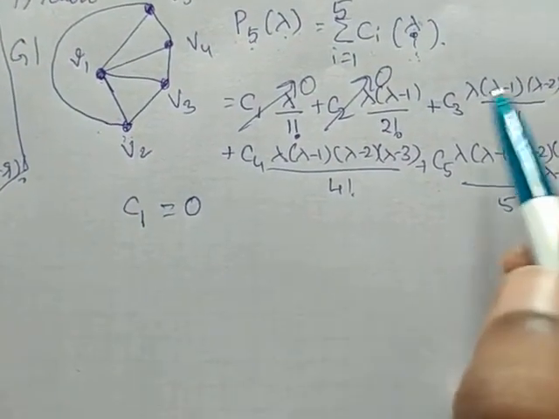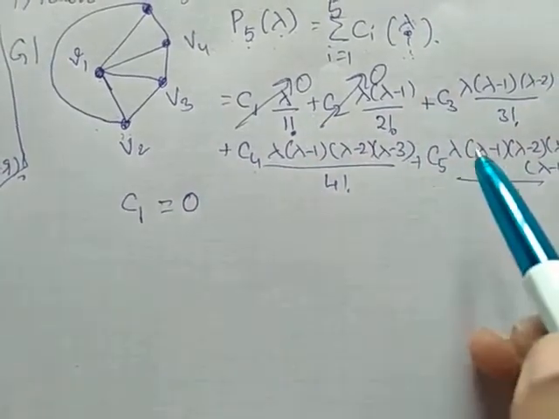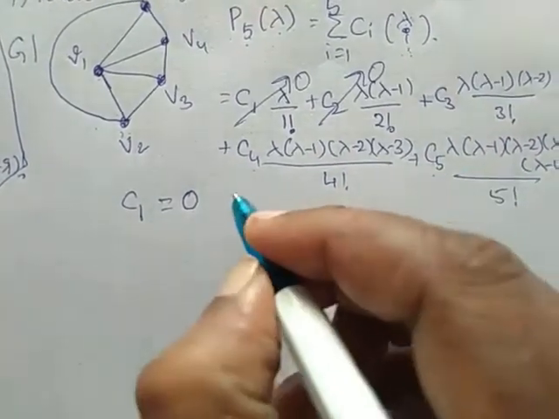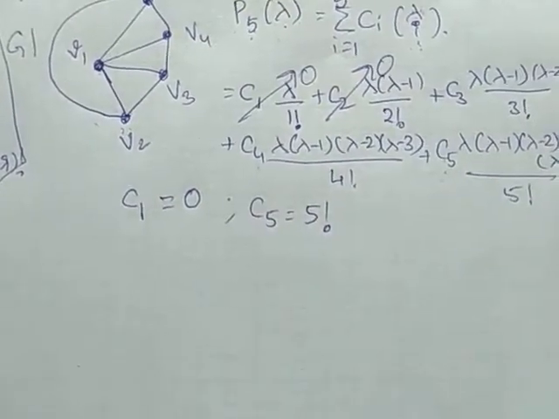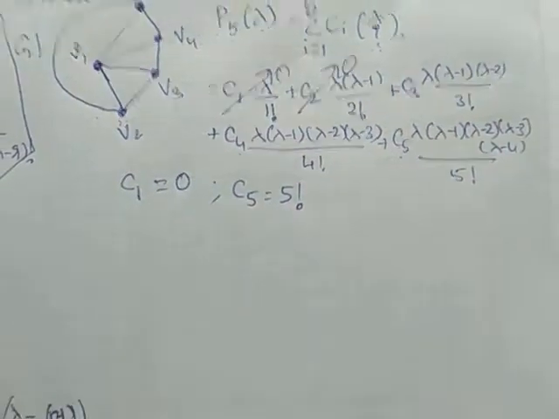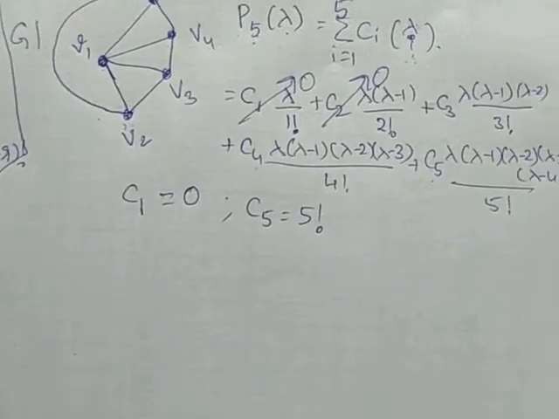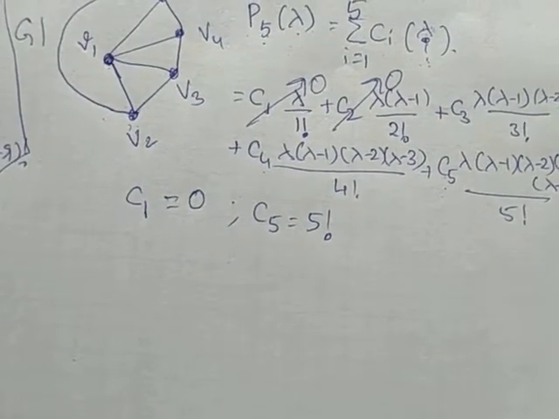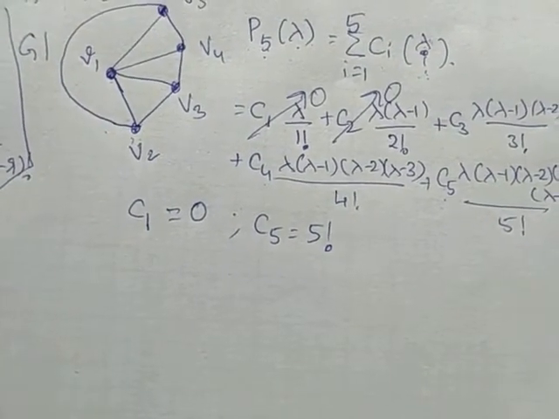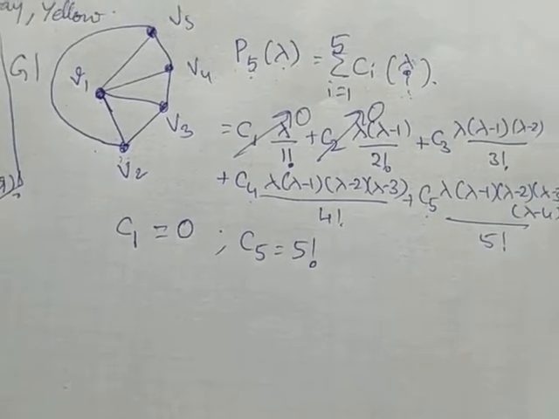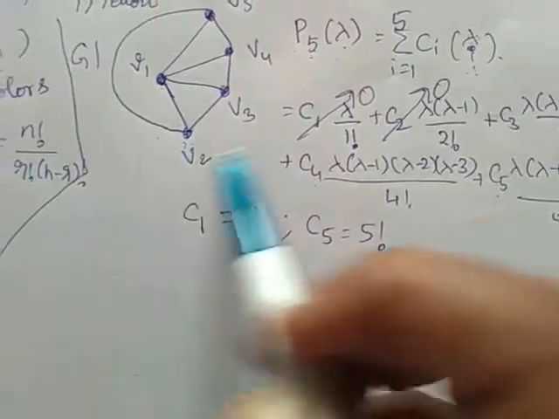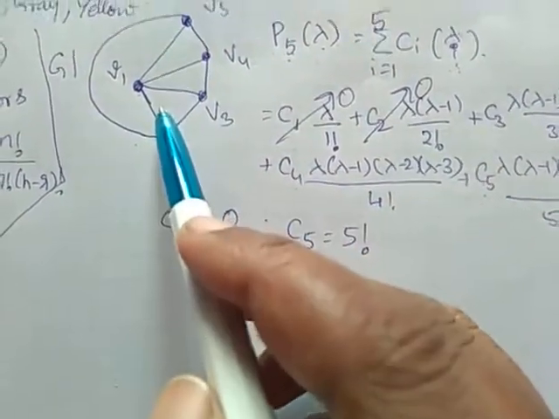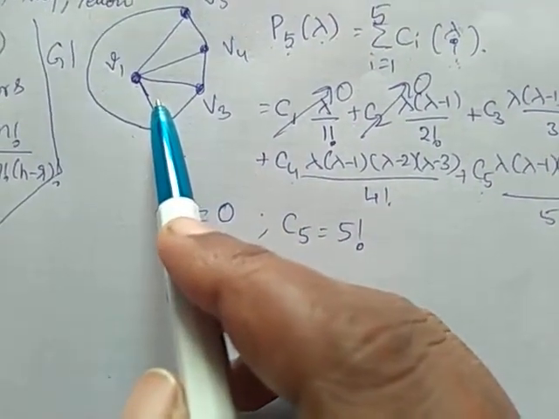Now we have to find C3, C4 and C5. C5 we have already seen is 5 factorial itself. Now we have to find C3 and C4. To find C3, we have 3 colors. We have to check whether this graph can be colored properly using 3 colors or not.